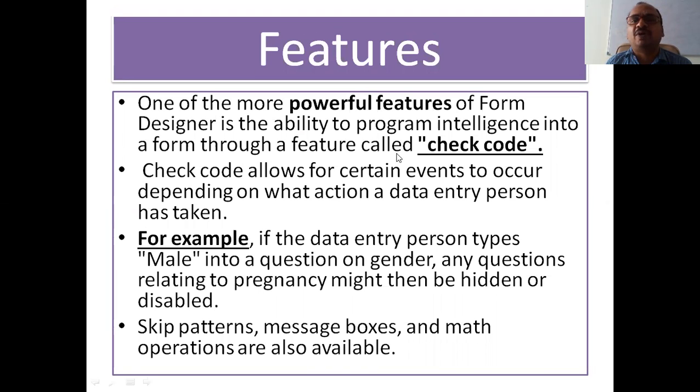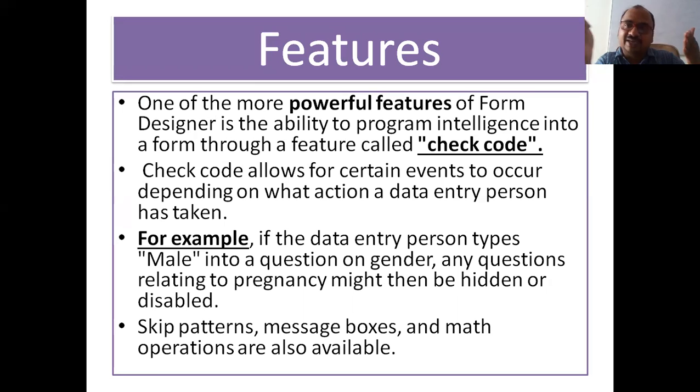One of the most powerful features of this Epi Info is check code. Very important. For example, what is this check code? I will explain with the help of this example. If your data entry person types male, for example, the patient is entering that either he is male or female, so he has options. He entered male.